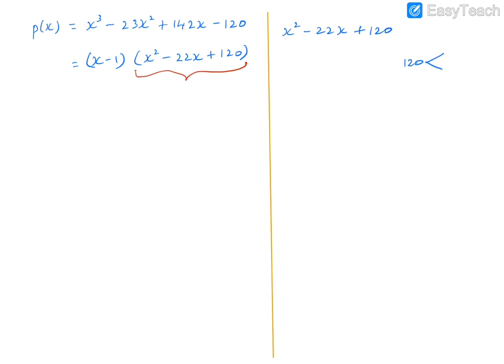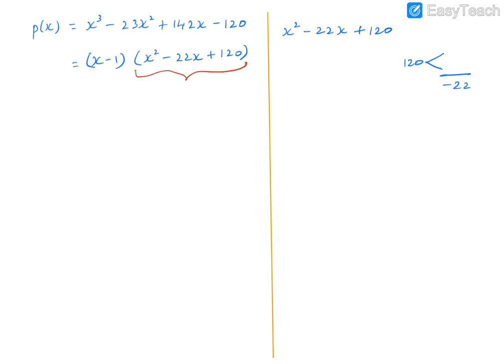The product of the two numbers that we use in splitting should be a into c, the coefficient of x square multiplied with the constant term, which is 1 into 120, is 120. So we have 120 to be the product, and when we add the two terms we should get minus 22. So we have to choose two numbers such that their product is plus 120 and their sum is minus 22. So what are the two numbers that we can choose?